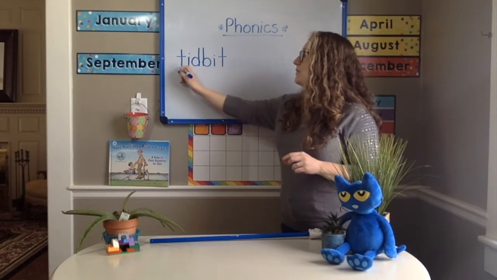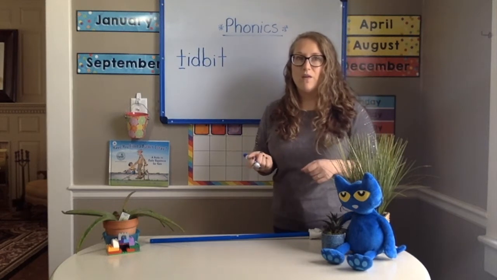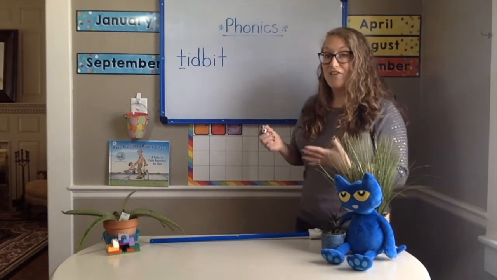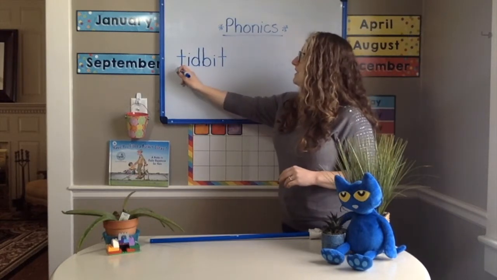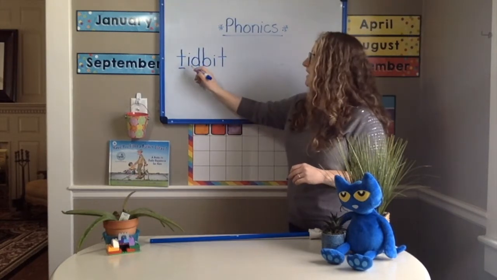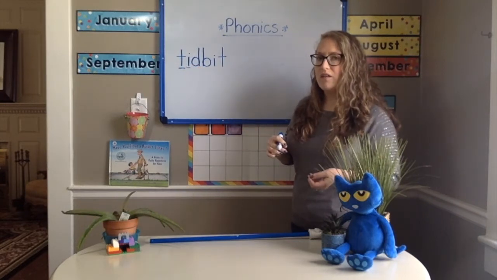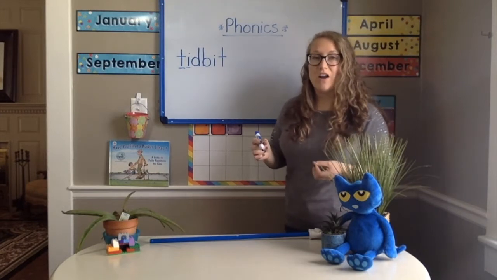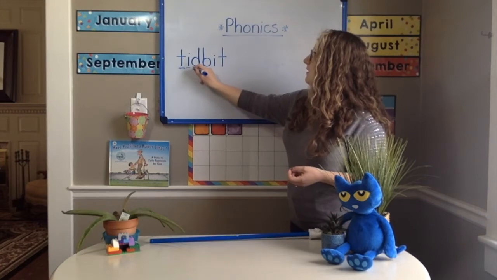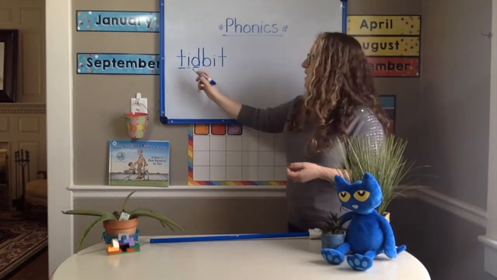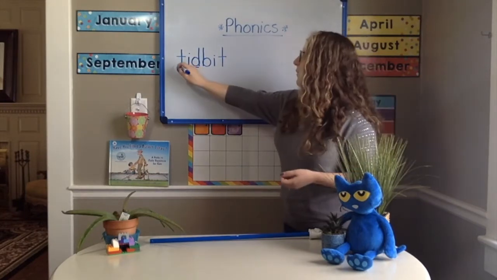T. This word starts with the letter T, the sound T. Is that a consonant or a vowel? That's a consonant. Great. So we know that there's probably going to be 3 sounds. So we have T. Let's see what our next one is. I. Is I a consonant or a vowel? It's a vowel. Let's see if we can find our last sound for this first part. D. That's a D. We have T, I, D. So I'm going to scoop that part together. Here we go.